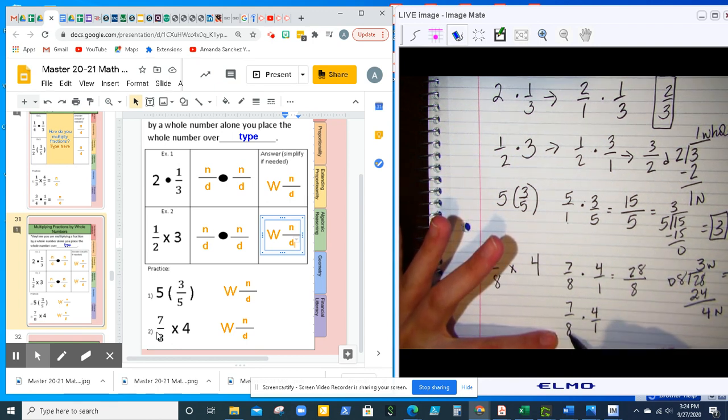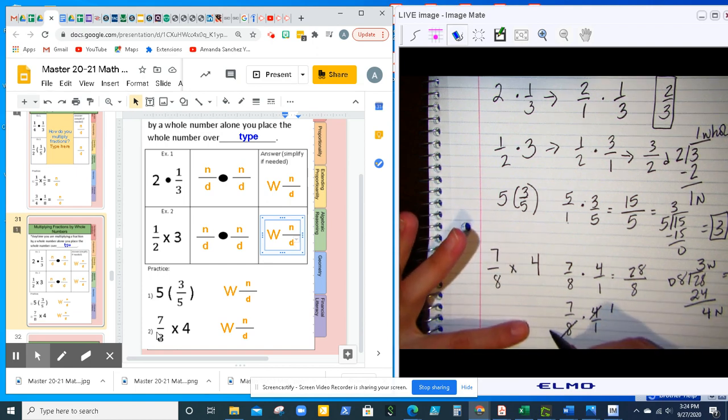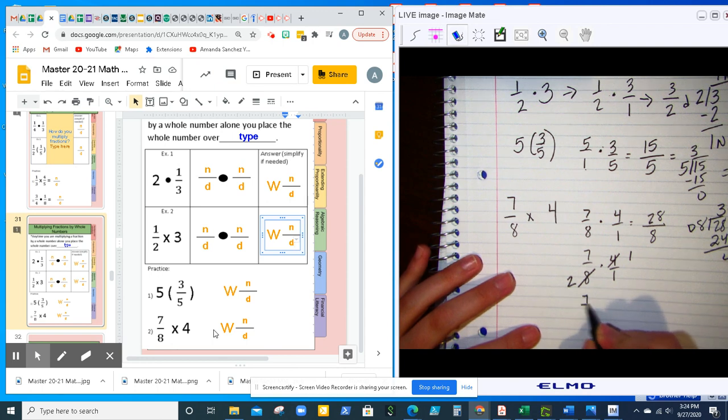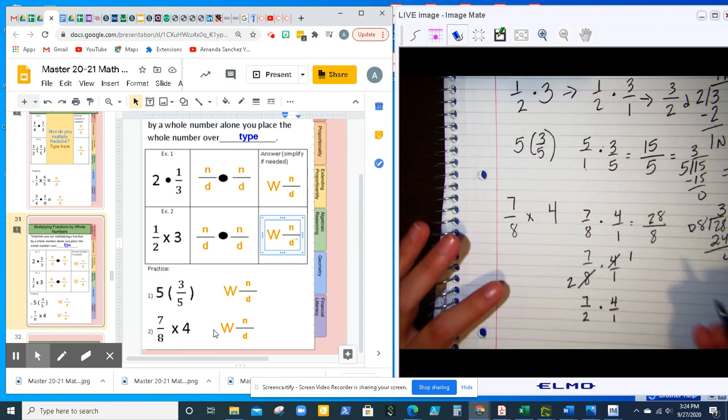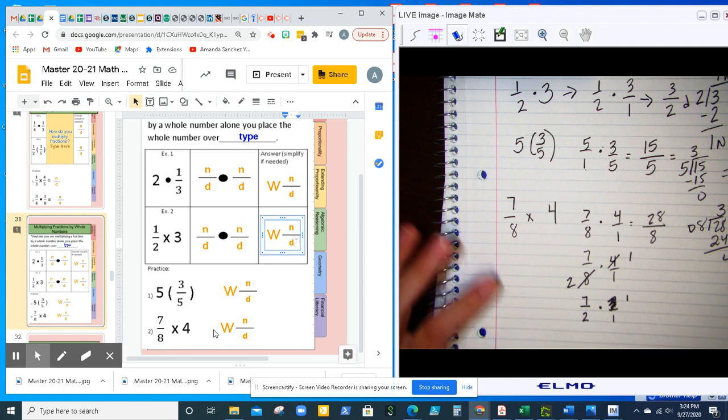So I know both of these can be simplified by 4. So I'm going to say 4 can go into 4 one time and 4 can go into 8 2 times. So now my problem has simplified and it becomes 7 over 2, and this is 1 over 1, and then you multiply across. So, oops, sorry, this changes to a 1.